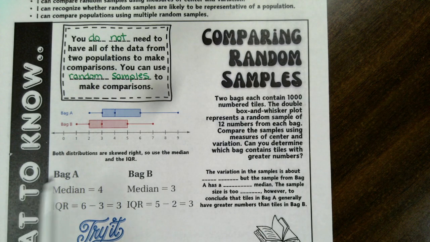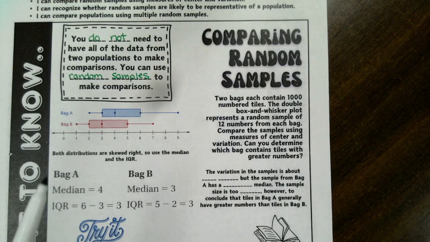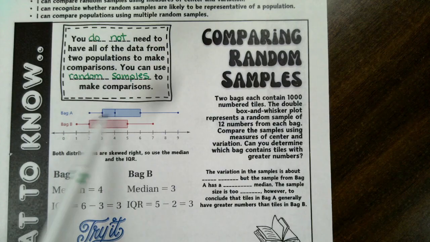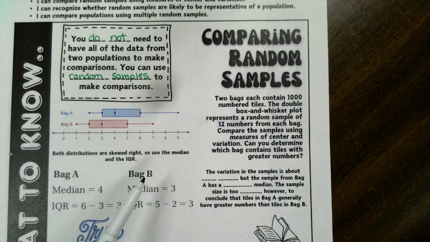Okay, so let's look at some data here. What I can tell by looking at bag A and bag B is that both distributions are skewed right. So what does that mean? It's skewed right, so they're off to the right. And so we're going to use the median and the IQR, which IQR again is interquartile range.